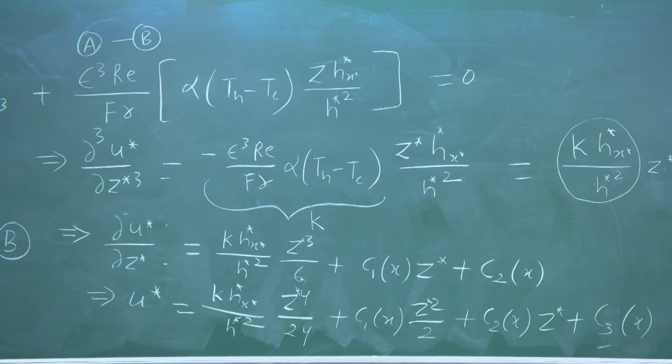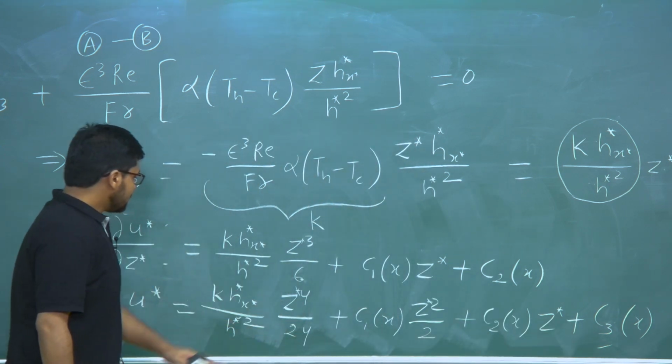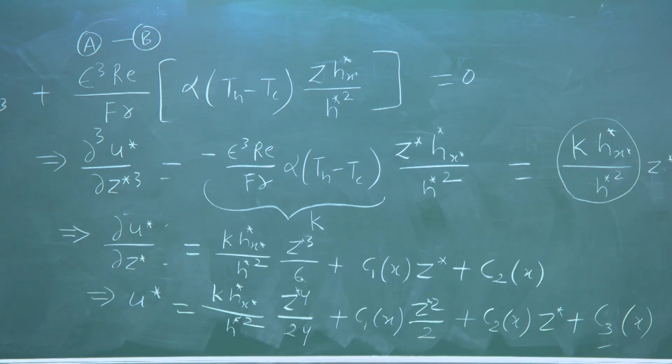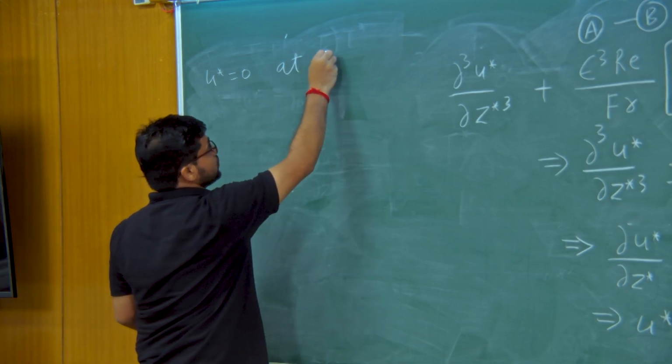Okay. So, I do not need these equations now. What we did was eliminate pressure by cross differentiation and integrate the equation to get the expression for u, and we found 3 arbitrary constants which are functions of x. Now, to determine these we will use the boundary conditions. The first boundary condition is u* is 0 at z* equal to 0.